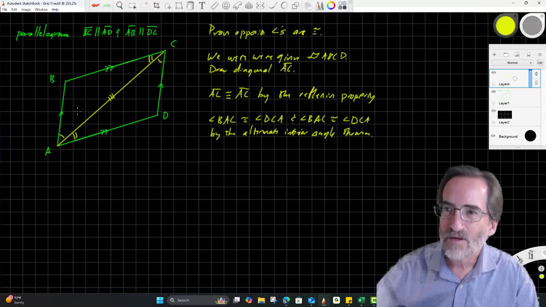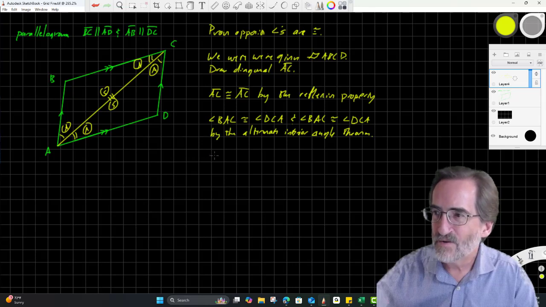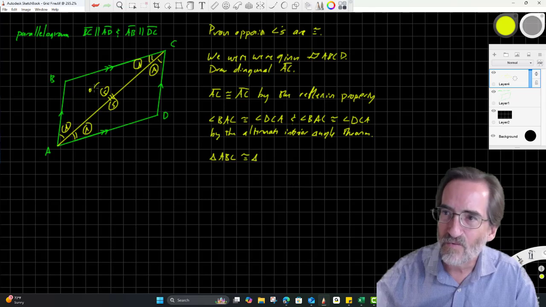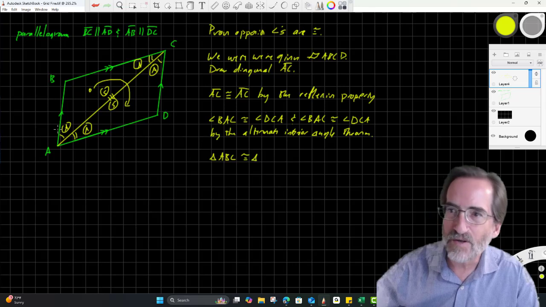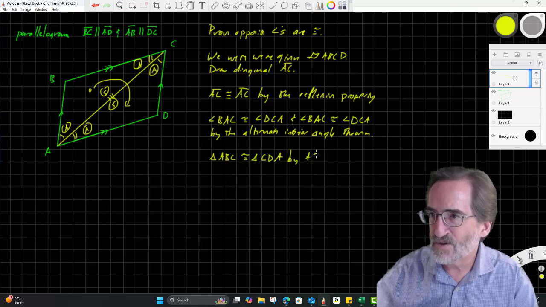Okay, so guess what we've got? We've got an angle congruent to an angle, a side congruent to a side, an angle congruent to an angle. And we now know that triangle ABC is congruent to triangle CDA. Again, they're congruent by rotation about a center point of 180 degrees. So picture that going around. ABC is congruent to CDA by angle, side, angle.